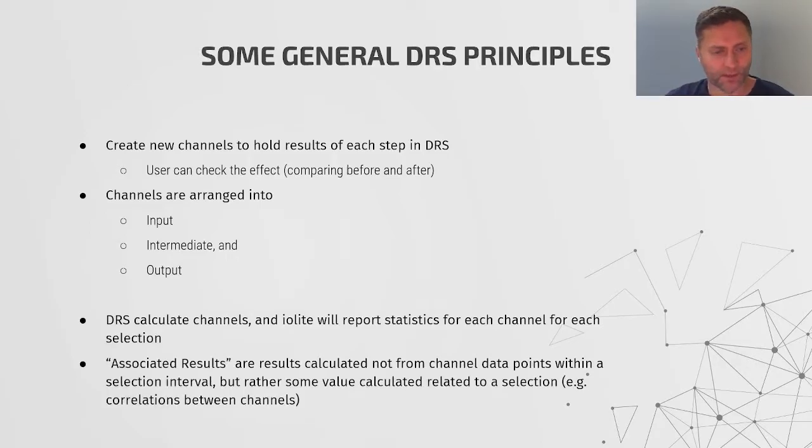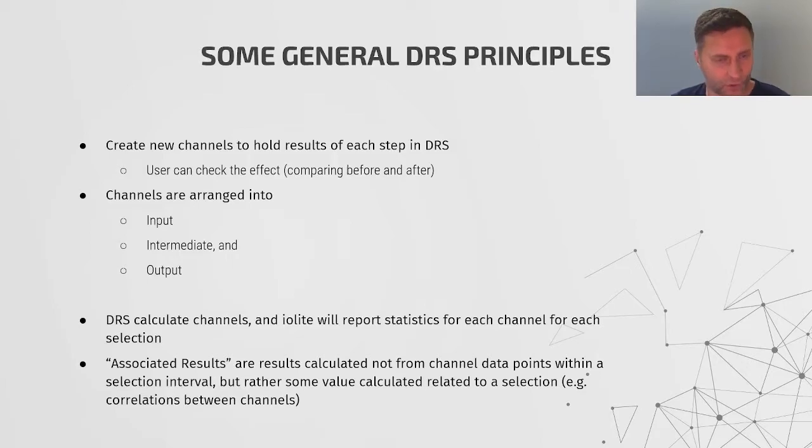However, there will be times where you'll want to calculate a result that's based on a selection, but it's based on more than one channel. And we call these associated results because they are based on more than one channel. A really obvious example for this is a correlation between two channels. So it's still linked to that selection because it's the correlation only during that selection, but it's based on more than one channel.